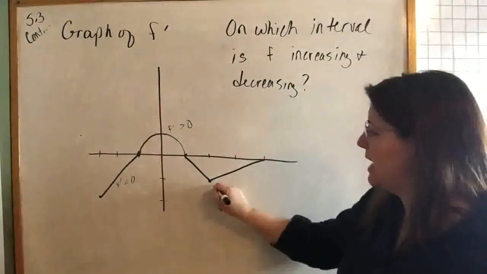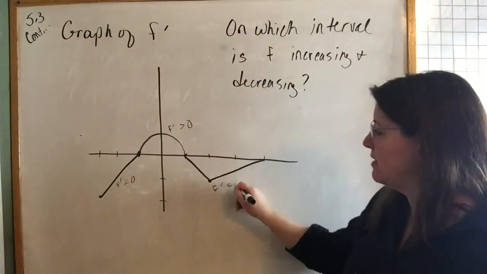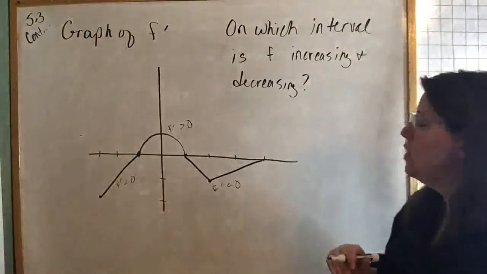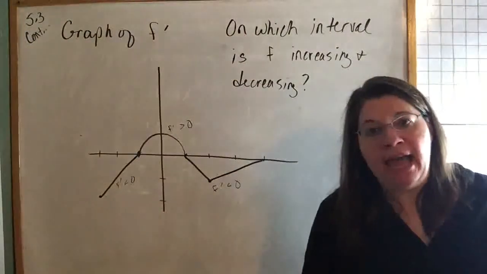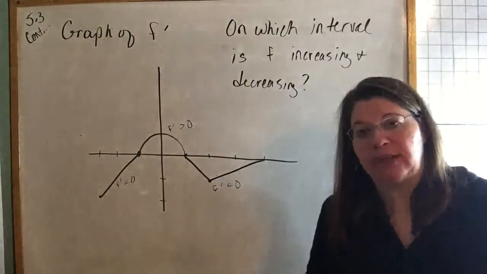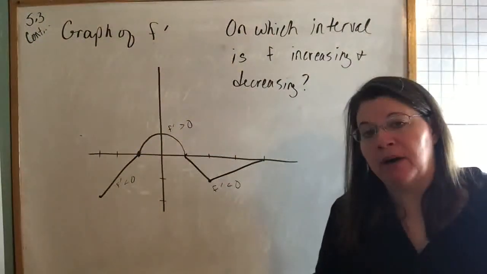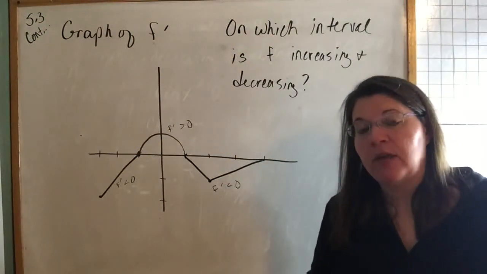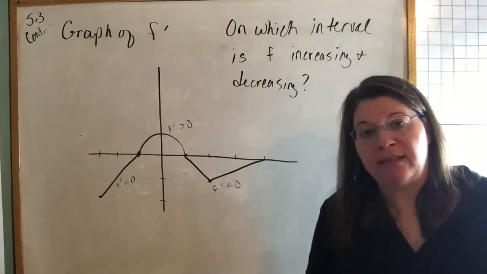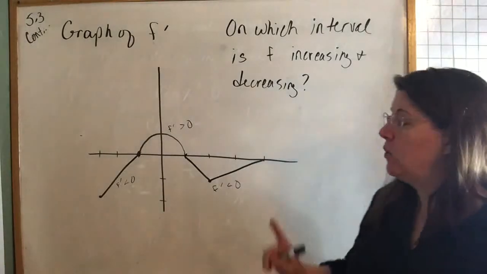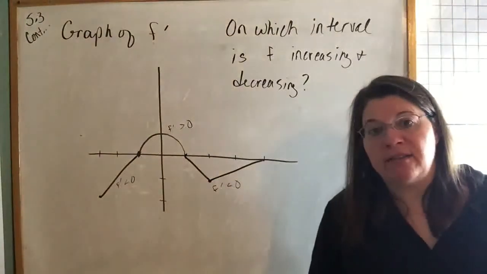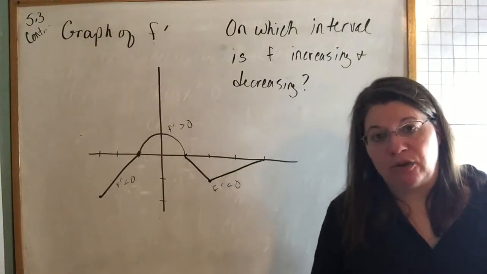So that tells me that f prime is less than 0 from 1 to 4. So if it's asking you where f is increasing or decreasing, really all you have to look at is where is f prime above and below the x-axis. Anywhere f prime is below the x-axis, it's decreasing. Anywhere f prime is above the x-axis, it's increasing.